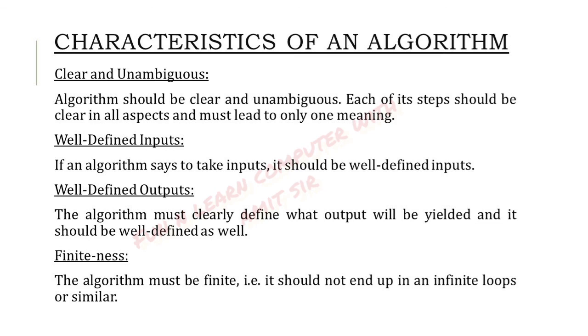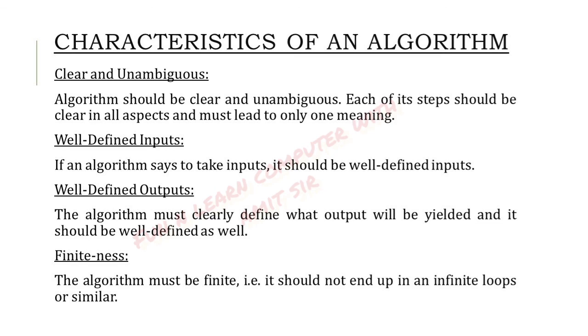Next, well-defined inputs. If an algorithm says to take inputs, they should be well-defined. Next, well-defined outputs. The algorithm must clearly define what output will be yielded, and it should be well defined as well.